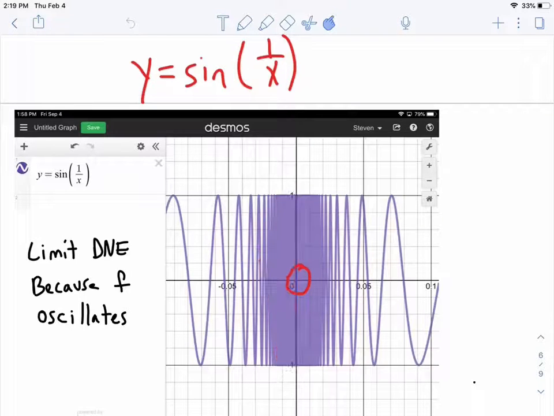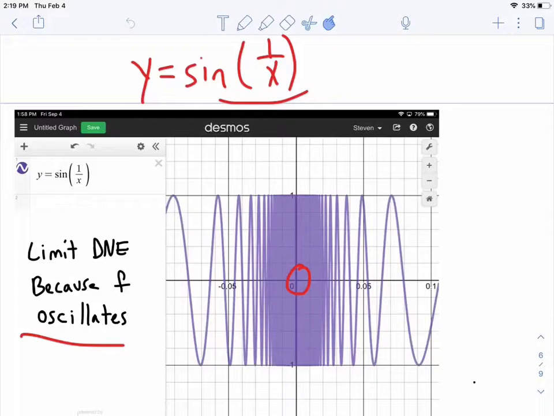If you check the notes, you'll see I showed a table to demonstrate what this thing's doing, that it is bouncing back and forth between minus 1 and 1. So this limit doesn't exist because it oscillates. It's bouncing back and forth between two values over and over again. And of course, the function value is undefined because you can't plug 0 in. 1 divided by 0 is undefined.